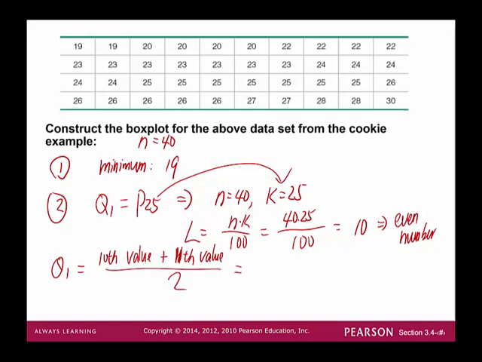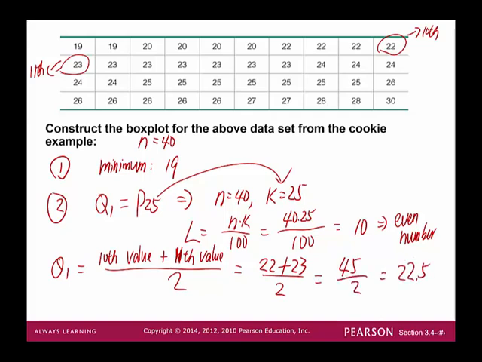Let's see which one is the 10th data value. 22 is the 10th data value: 2, 3, 4, 5, 6, 7, 8, 9, 10. Yeah, 23 is the 11th. Right? This is 10th, this is 11th. So it's just the average of those two numbers. So it's going to be 22 plus 23 divided by 2. So that turned out to be 45 over 2. So it's 22.5. So quartile 1 equal to 22.5.